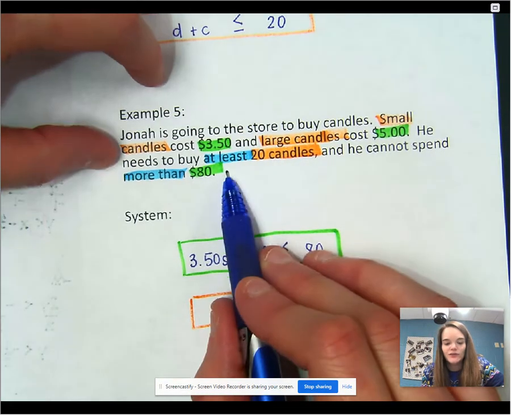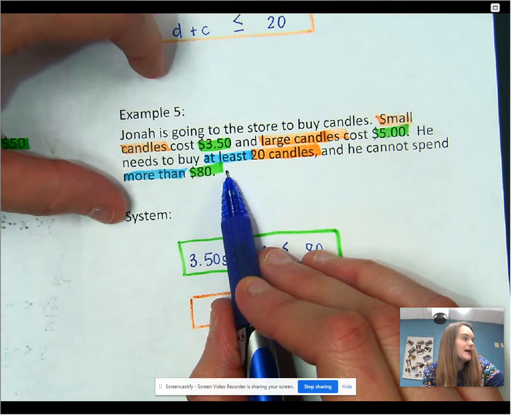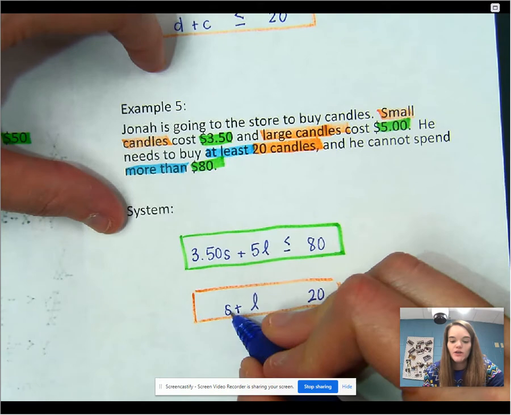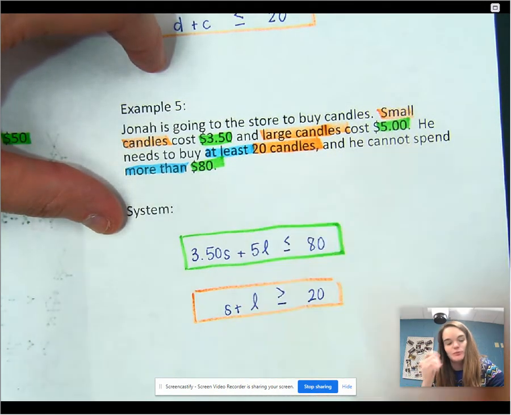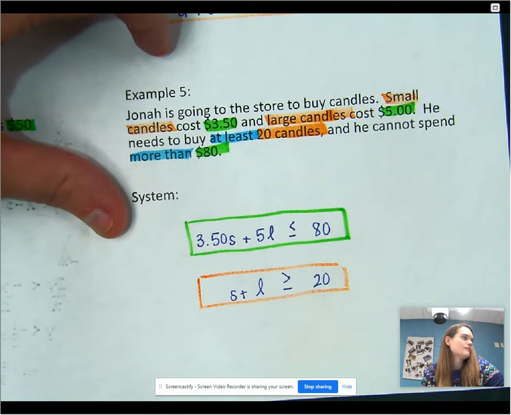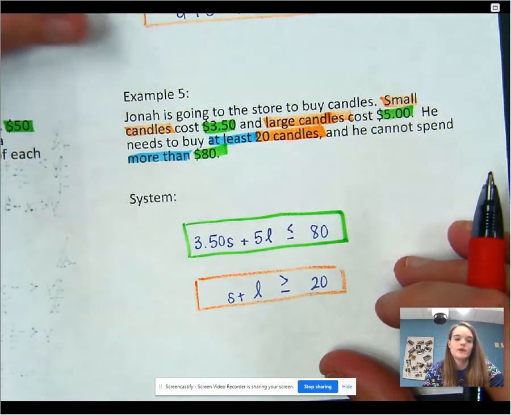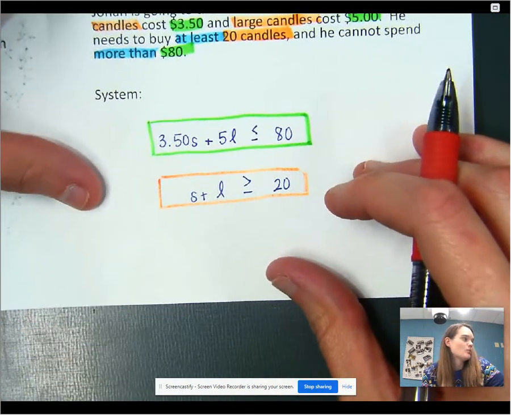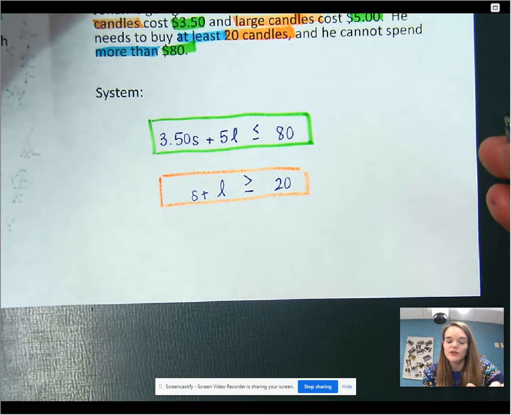Now, at least means he is buying 20 no matter what, but he might buy more than 20. So that means the total he buys can be greater than, but it also could be equal to 20. Okay. Now, I want to talk about what a solution actually could be. Okay, in these word problems, if we are looking for a solution, let's talk about Jonah's example.